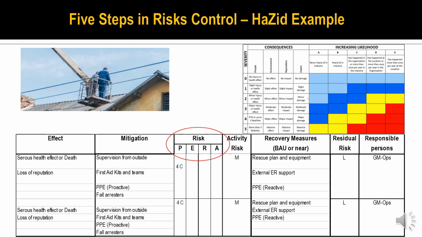So whatever you do for mitigation is your work procedures, and whatever you do to recover or rescue in the emergency situation, those are the emergency response and the rescue measures. So while you are completing the HEMP, you have effectively developed the basis for the work procedures and the basis for the emergency response planning.